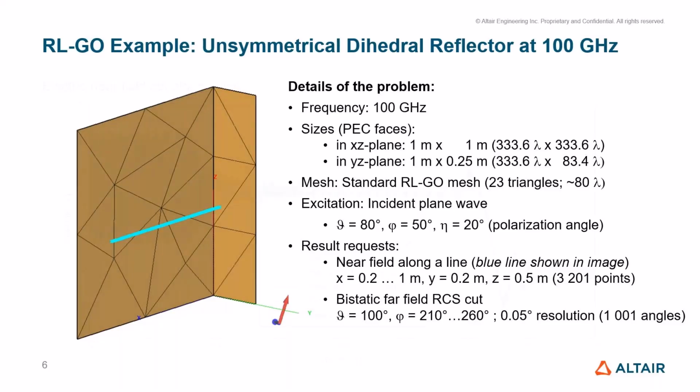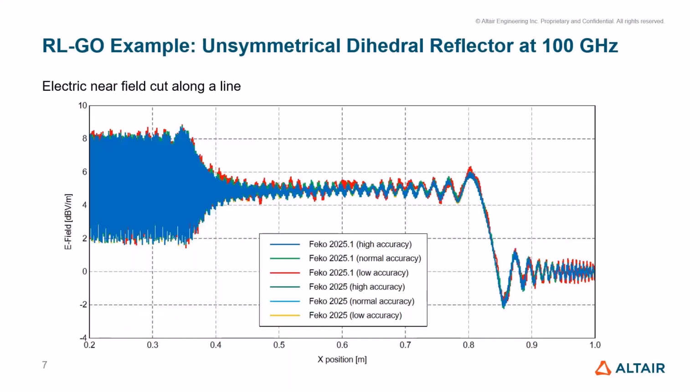Here, for the same dihedral reflector at 100 megahertz, we have a plot that shows the electric near field magnitude along a line that is parallel to the surface of the reflector. In FICO 2025.1, the results are consistent across all the accuracy settings: low, normal, and high.